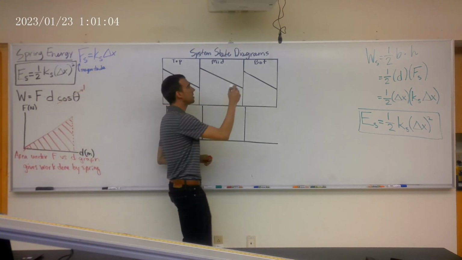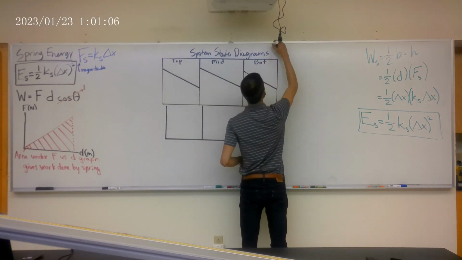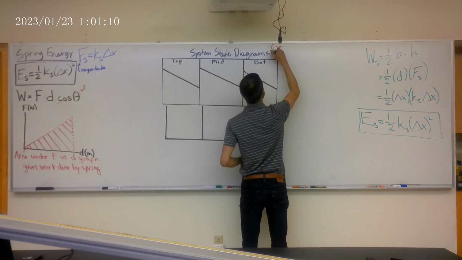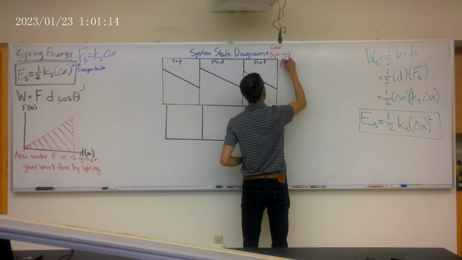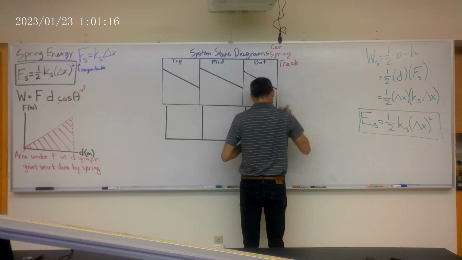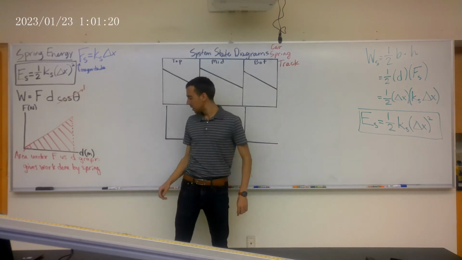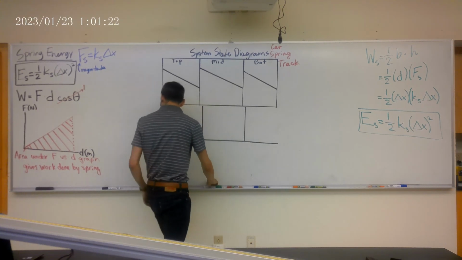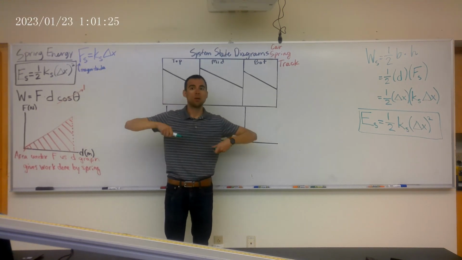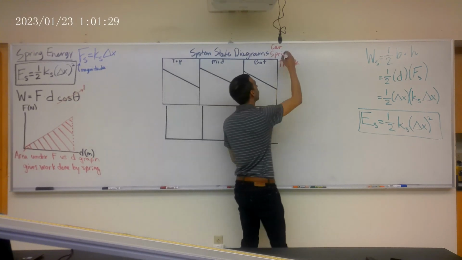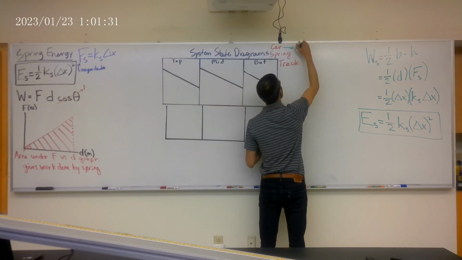On your system state diagram, you must draw 3 objects. You must draw the car. You must draw the spring. And you must draw the track. And remember in your system state diagrams that each of these objects needs to have the variables that will tell you about the energy. So for the car, you'll need to say something about its speed.